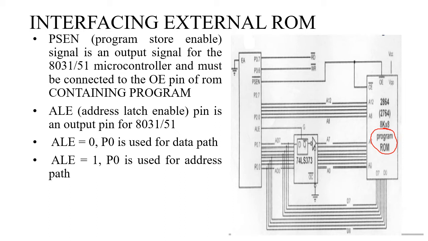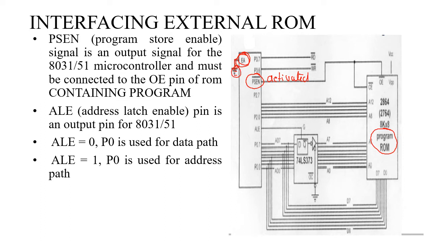So here we need to consider two pins of very important prominence when external ROM is interfaced as a program memory, that is the external access pin and the program store enable pin. The program store enable pin will be activated only when the external access pin is grounded.